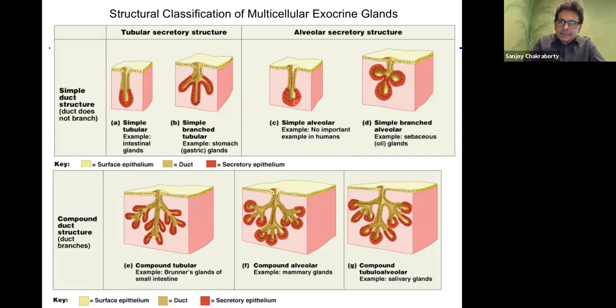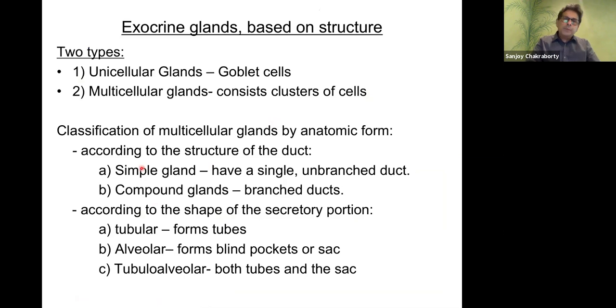So these cells secrete, and these cells make the duct or the pipeline that carries the secretion. This is the secretory area, these are the duct area. Duct cells don't secrete, they just carry. Secretory area cells secrete.